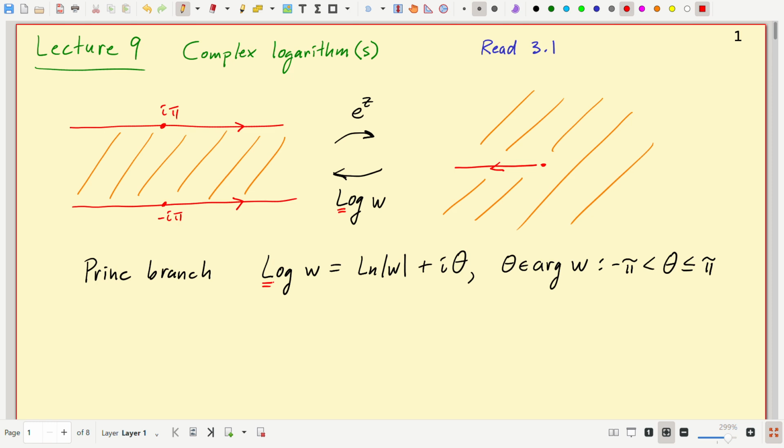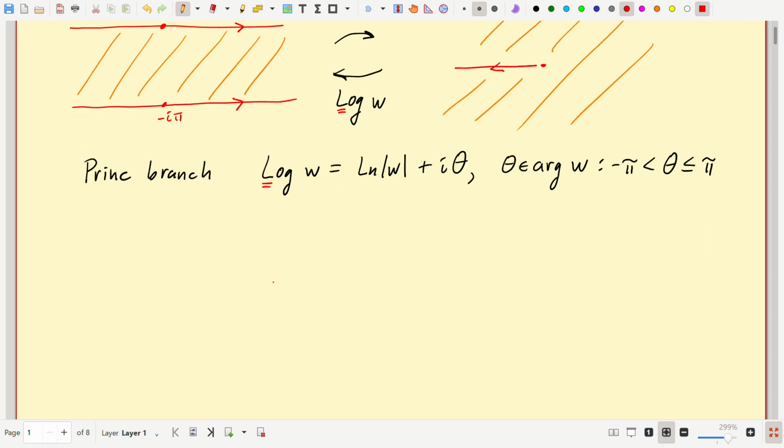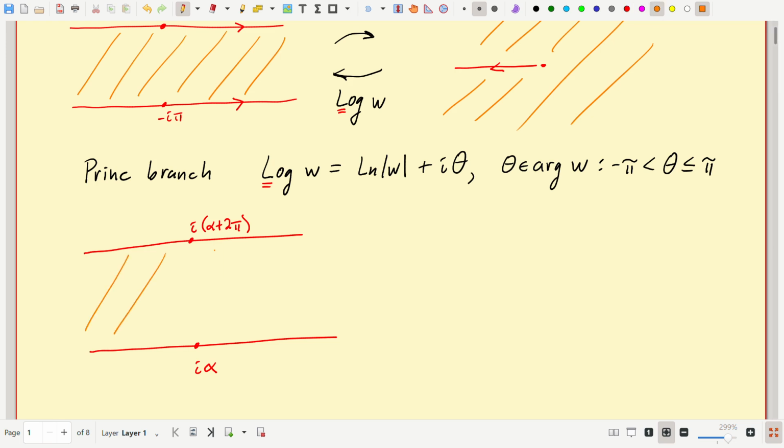Last time I mentioned other branches, and I use this notation: if I let my angle go from alpha, the horizontal line at angle alpha, up to alpha plus 2 pi, that's an angle with range 2 pi. We get a similar picture which I described last time.